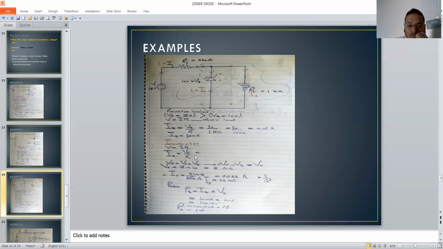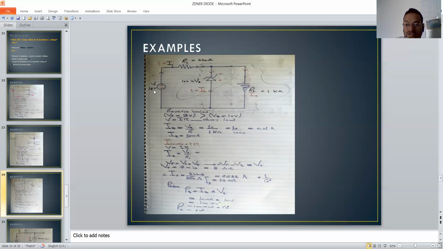But here we don't have the VS, because of that we must calculate it by using the V total equation. V total equals the voltage at the resistance plus the Zener voltage.